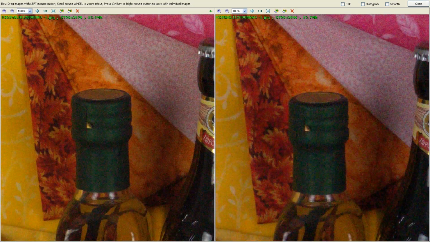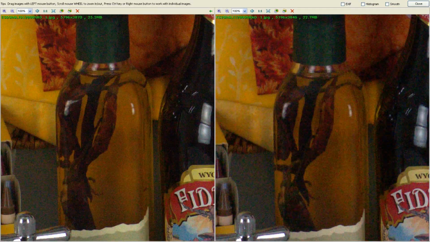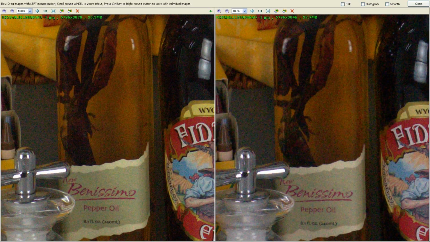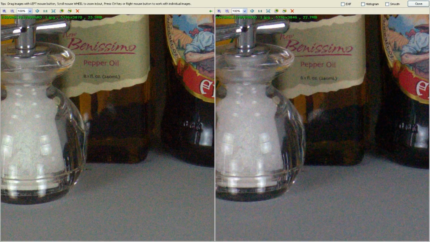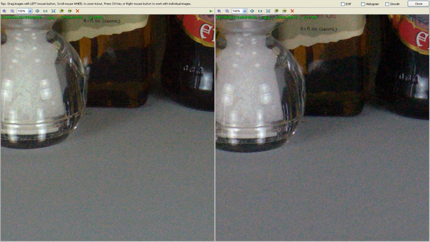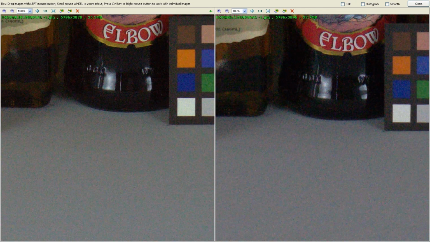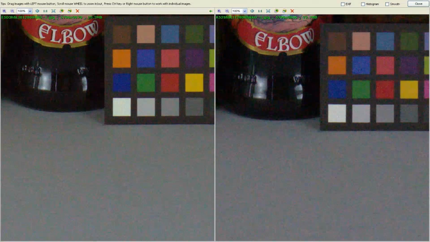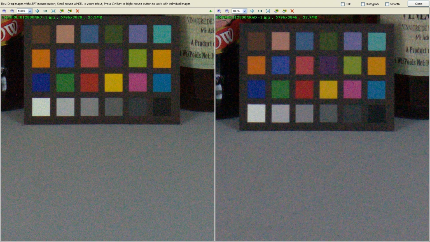Factor in the speed. Factor in the concept of manual output in terms of workflow of image quality within the camera. And then look at it and say which one is worth what they're really asking for in terms of price. For me, hands down, it's the Pentax.